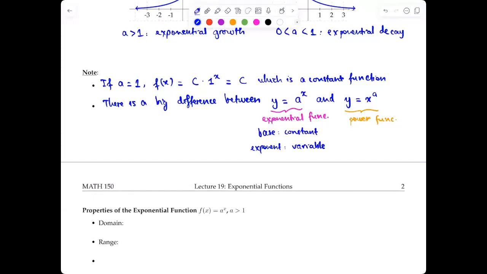And for the power function, the base is a variable and the exponent is a constant.